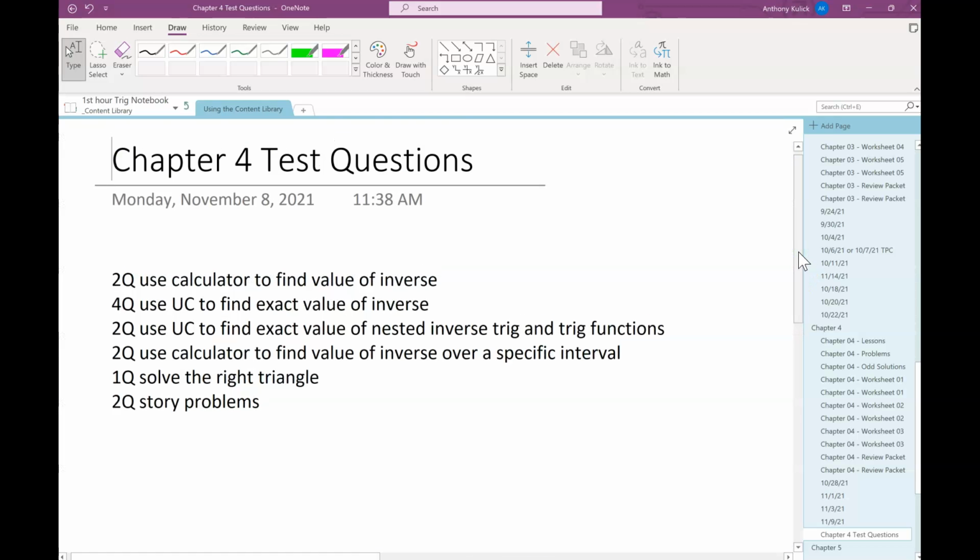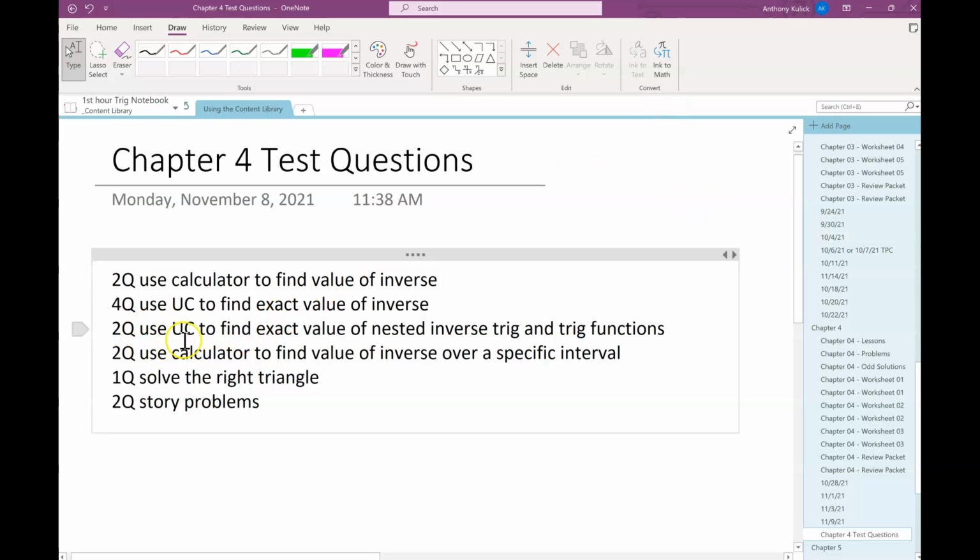We have 2 questions where I'm going to ask you to use your calculator to find the inverse. You just type your stuff into your calculator and write down the numbers. Then 4 questions where I ask you to find the exact value for an inverse. That's like the first page of the review.